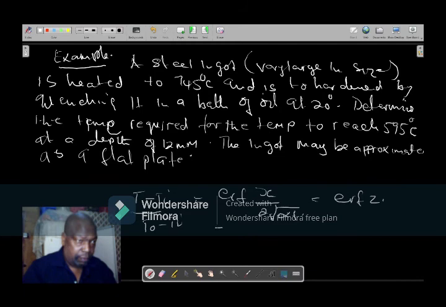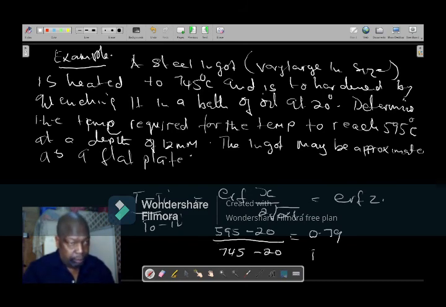So we have 595, the temperature that we require, minus the temperature of the surroundings, over the initial temperature 745 minus 20, and that equals 0.79.